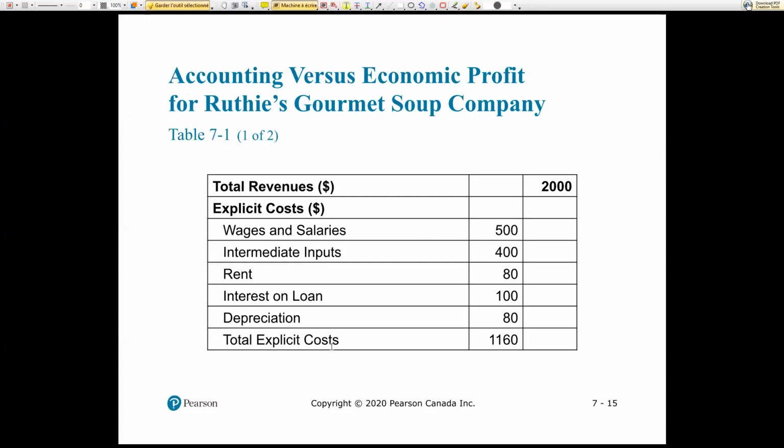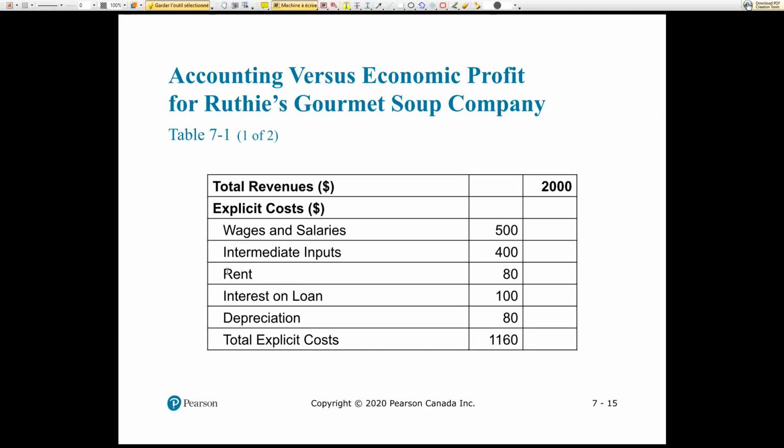Oh yeah, so explicit costs, what are they? For instance, you would have something like wages and salaries, intermediate inputs, rent if you rent the place, interest on loans if you went to the bank and had to get a loan to buy all these.